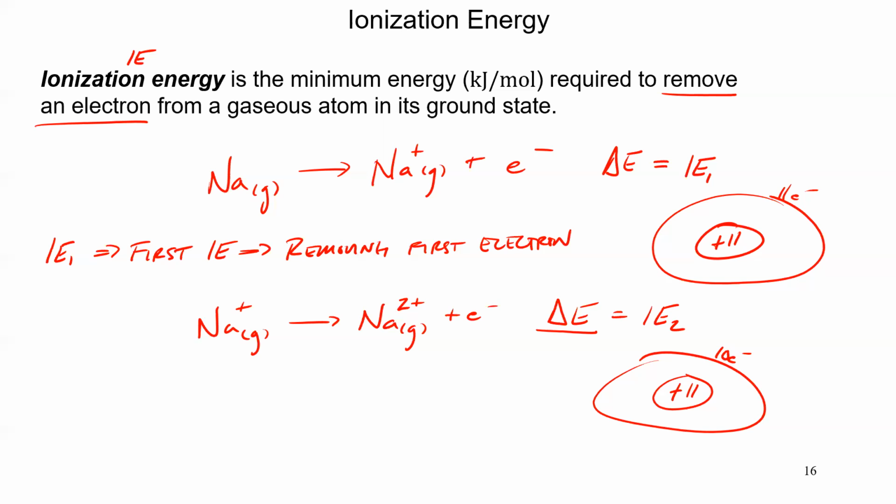If the nucleus and the electron have a stronger attraction, I actually have to put in more energy to pull off the electron. And so ionization energy 2 will always be a larger value than ionization energy 1. And so IE1 is less than IE2, which is less than all the others, right?